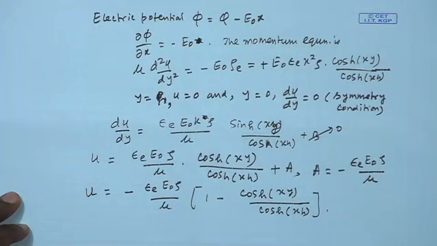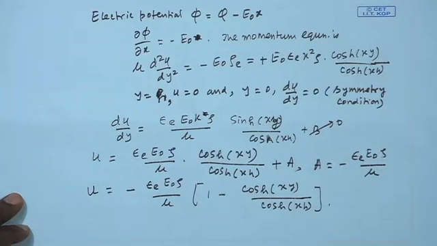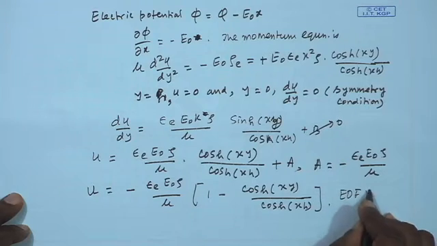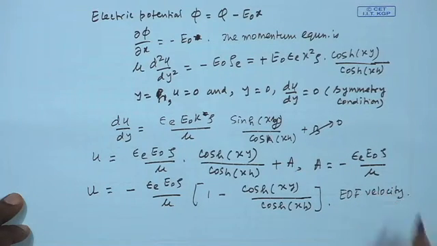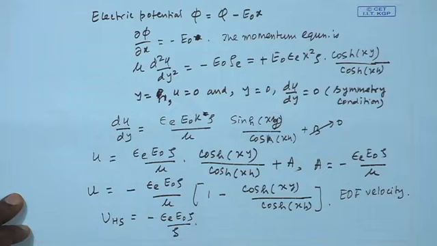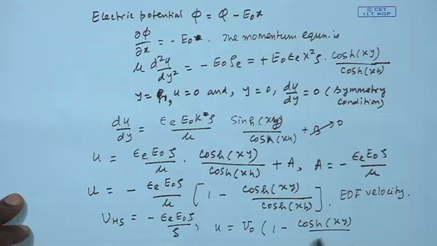So this is the electroosmotic velocity, the EOF velocity profile. Now if we define this UHS, basically referred to as the Helmholtz-Smoluchowski velocity, as a parameter in this way, u becomes UHS into 1 minus cos hyperbolic ky by cos hyperbolic kappa h.